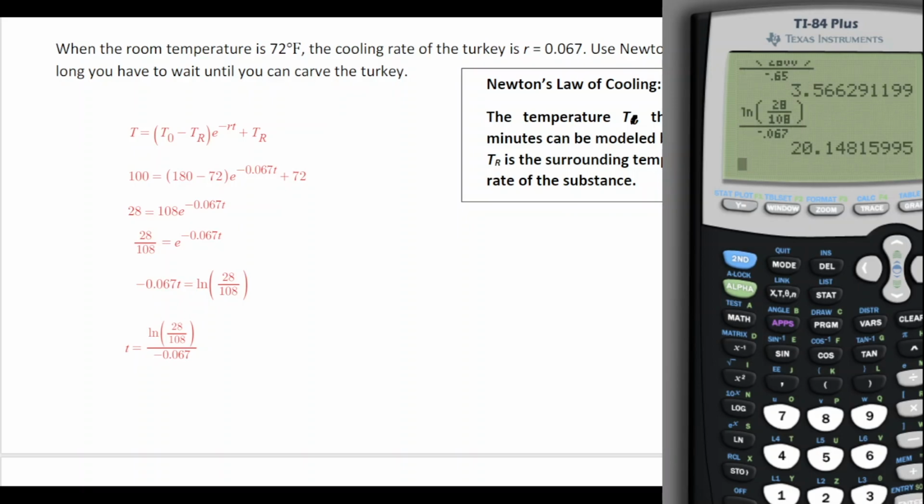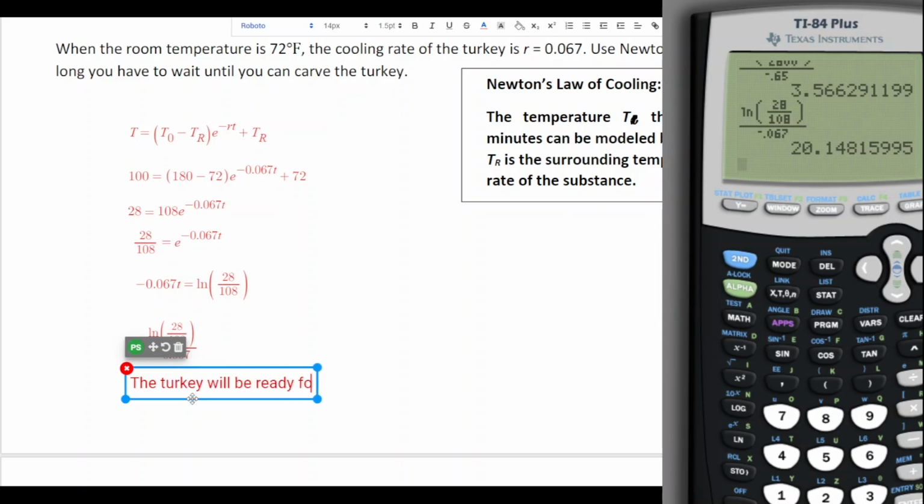All right, and so we get approximately this 20.148 number. And then t is measured in minutes. So we can say, as our answer here, the turkey will be ready for carving after approximately a little over 20 minutes.